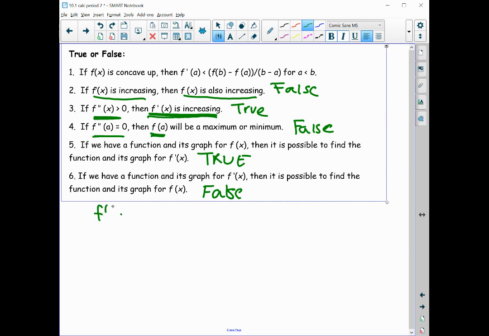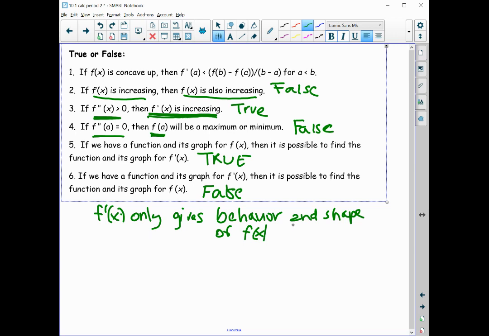So f prime only gives behavior and shape of f of x, not values. And we're going to be practicing this in a few minutes. We're going to really start looking at graphs and what information I can get from a graph.